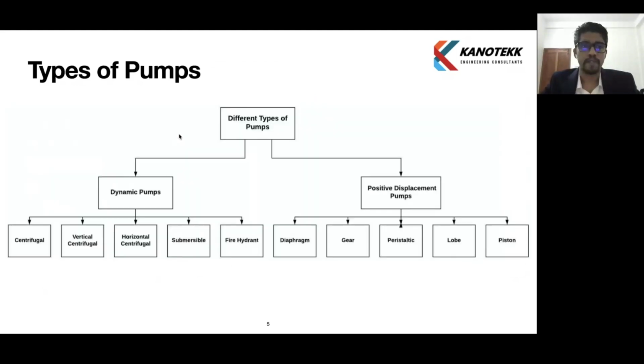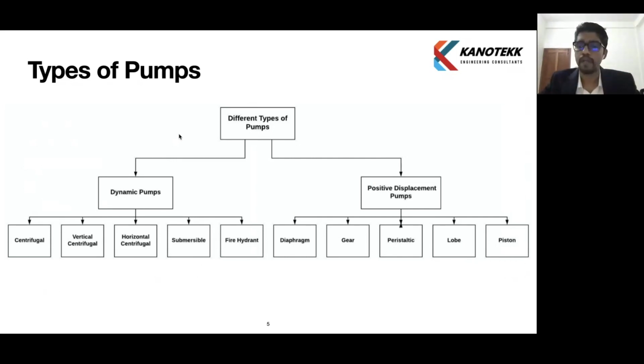Now we will see the types of pumps. Widely they are classified into two: dynamic pumps and positive displacement pumps. Under dynamic, we see centrifugal pumps, of which two types are there, vertical and horizontal. Similarly, we have submersible pumps and fire hydrant pumps. In positive displacement, we can see piston pump, gear pump, diaphragm, lobe, and peristaltic.